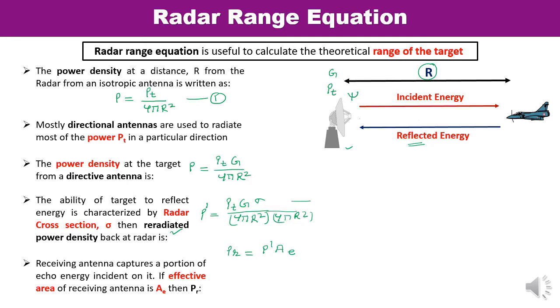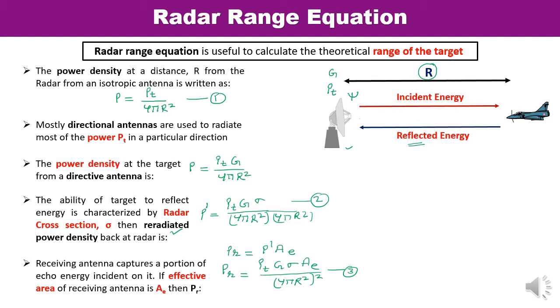So from here we can substitute the value of P dash, and the power received will be PT G sigma AE upon 4 pi R square, its whole square. This is what we are getting over here, right? On the basis of the receiving antenna capture area we have calculated the received power.